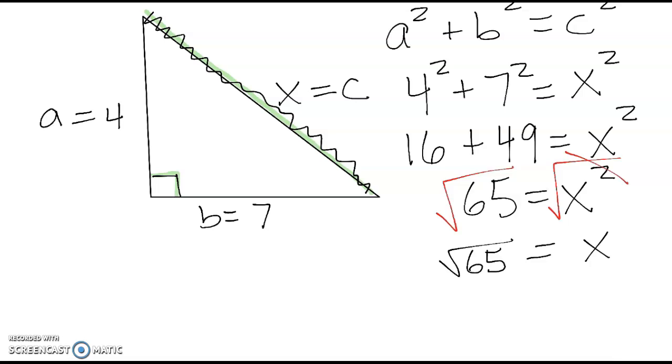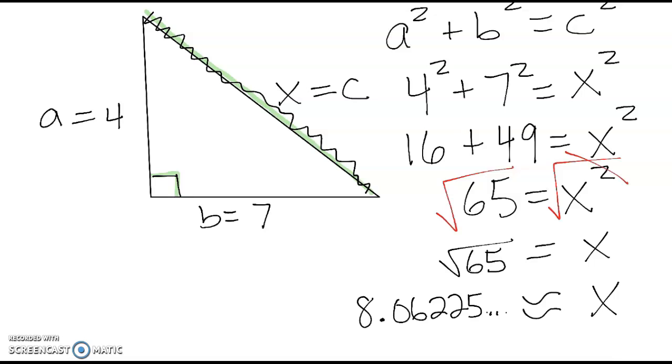So I can see in my rough draft that when I put that into my calculator, I got that this is approximately 8.06225, and then it keeps going. Okay, so that is my approximate value. So I know that that side length, side C, is approximately 8 point something, or I can write it as the square root of 65.